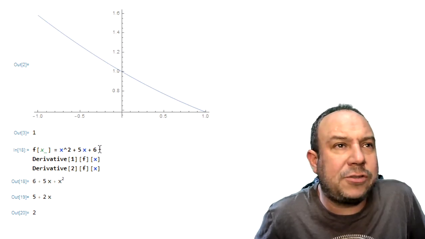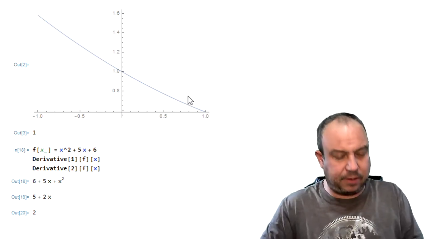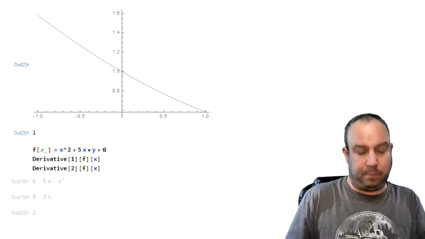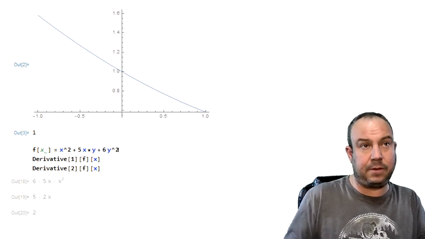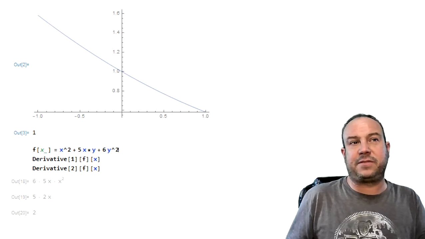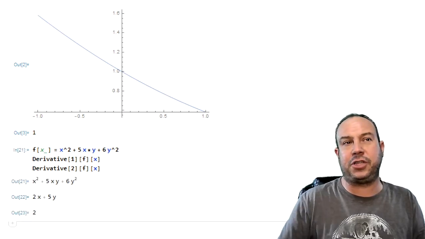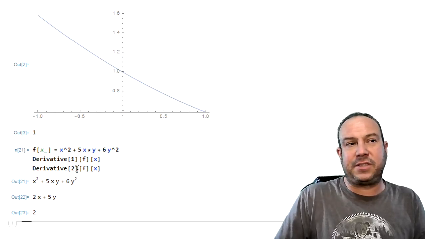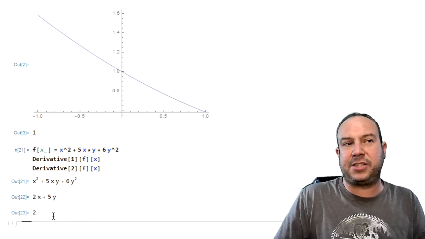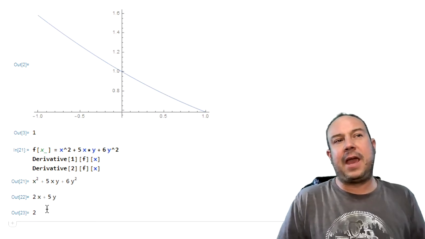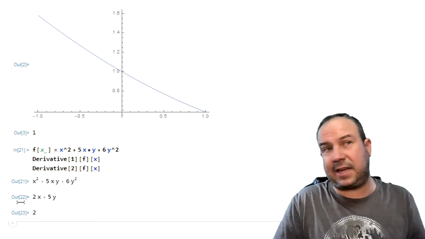What it also allows you to do is to look at the case for mixed partials. Let's say we had x squared plus 5xy plus 6y squared here. We had this multivariable function. I could find my first and second derivative of that with respect to just x, and we're going to see something similar to what we had here, 2x plus 5y, and 2, that's treating y as a constant.